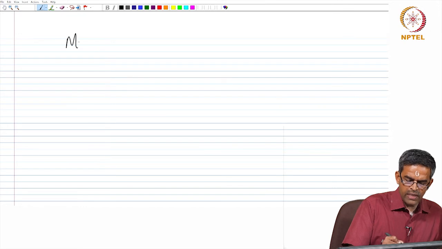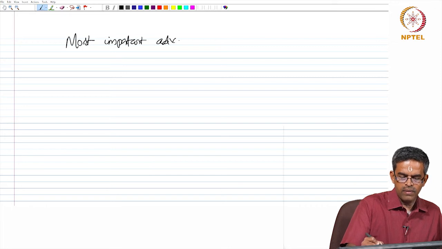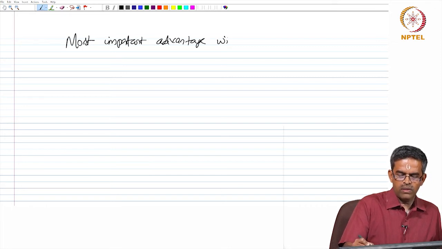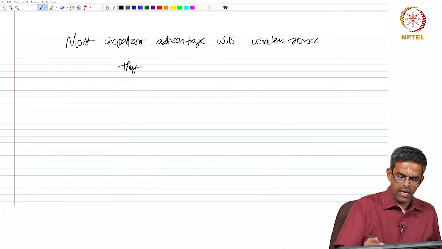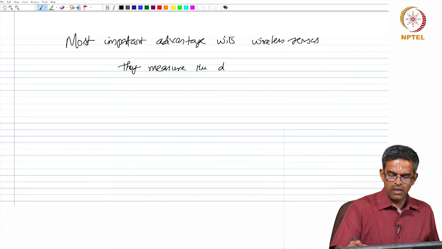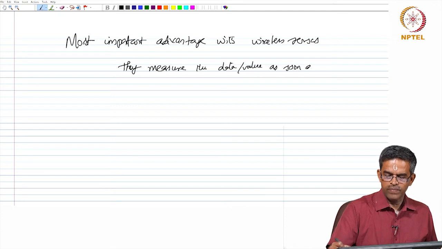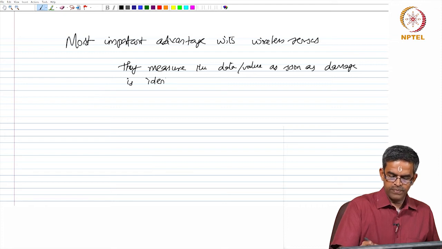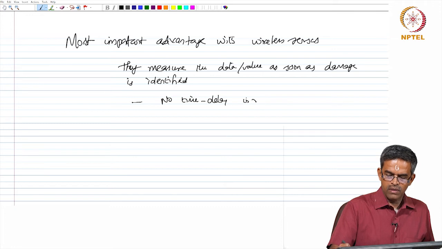The most important advantage we have now with wireless sensors is that the data or the value is available as soon as damage is identified. It means that no time delay in real time monitoring.